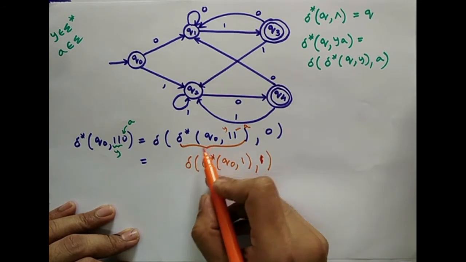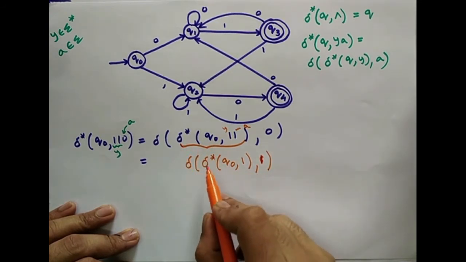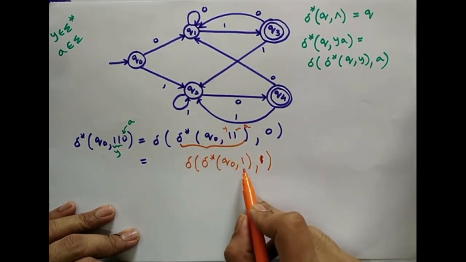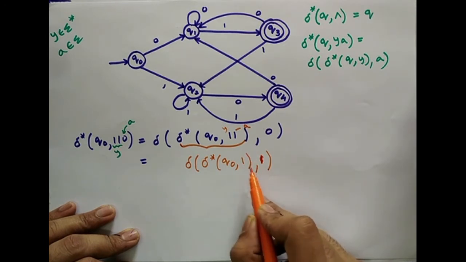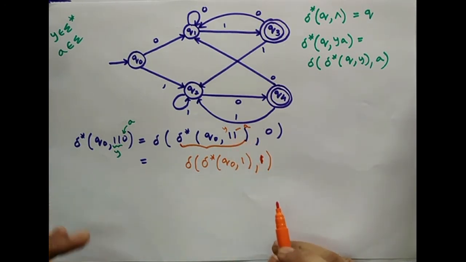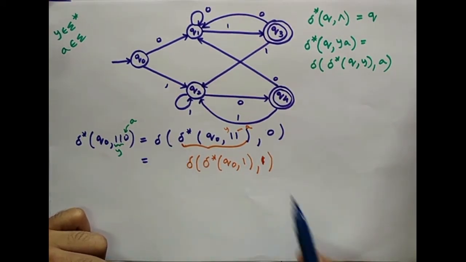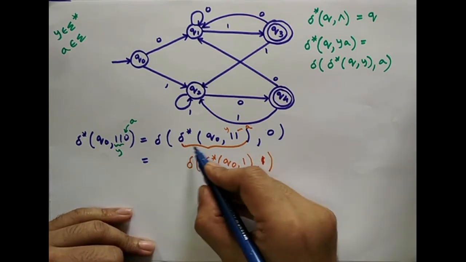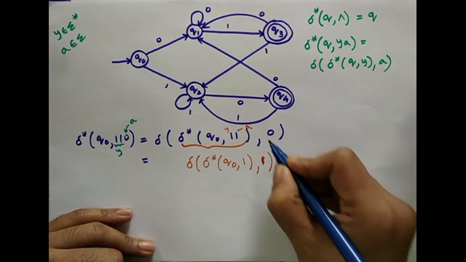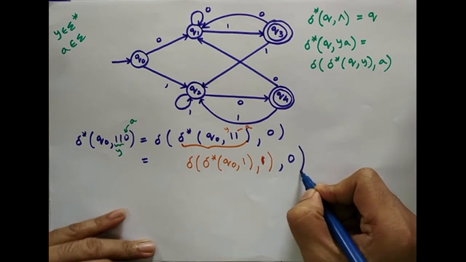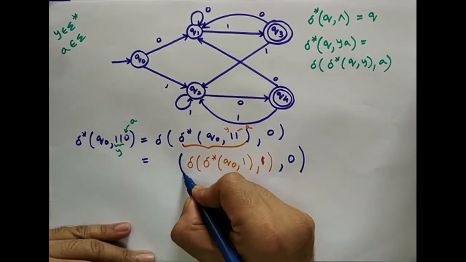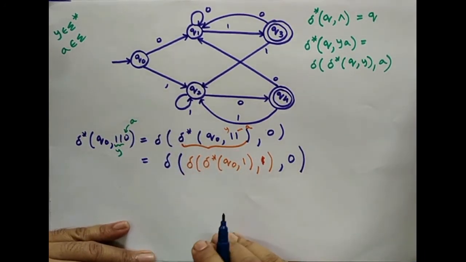So this can be written as delta star of q naught comma y, that is 1, and outside close the bracket, and this 1 will come at the end. Now besides this, whatever elements are there, the remaining elements, I'm just going to write it as it is here. So outside this you have a comma, you have 0, and you have a bracket, whereas this side there is an opening bracket and you have del symbol.